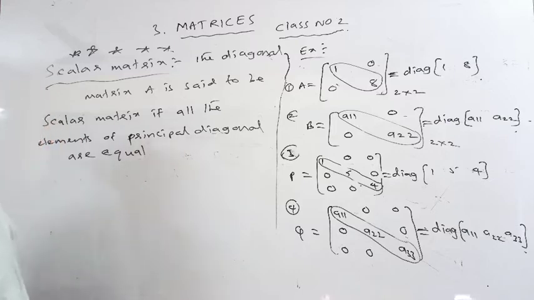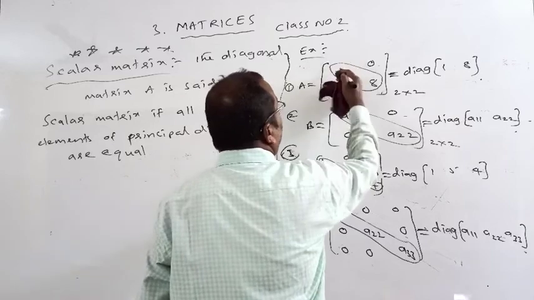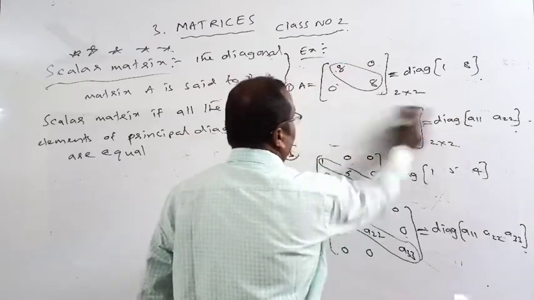So compare the definition. Basically it should be a diagonal matrix. See this one. 8 and 8.